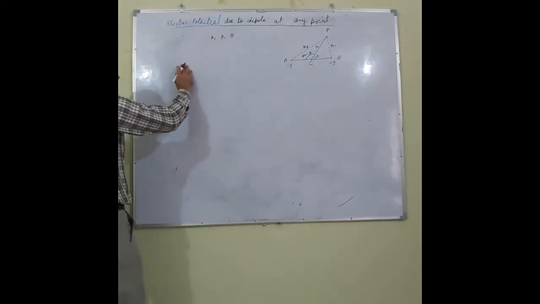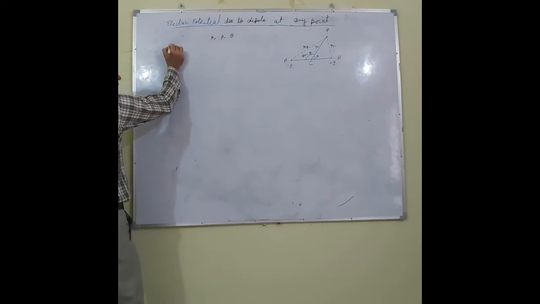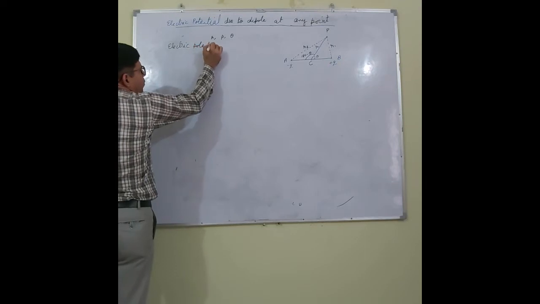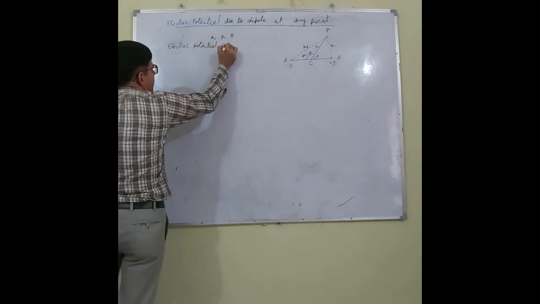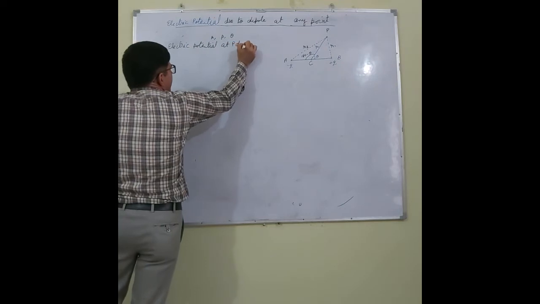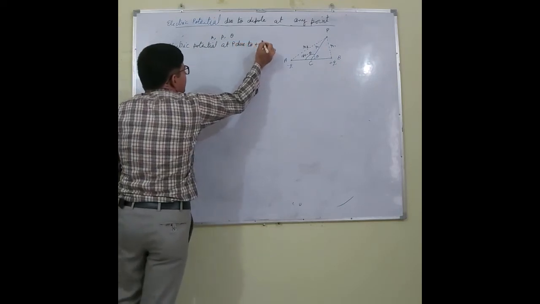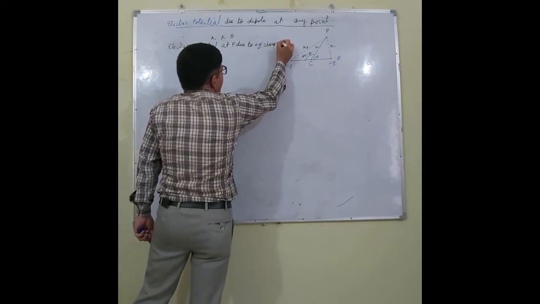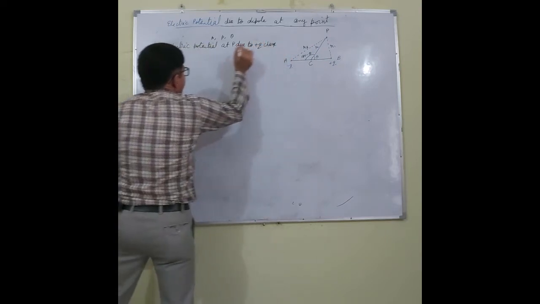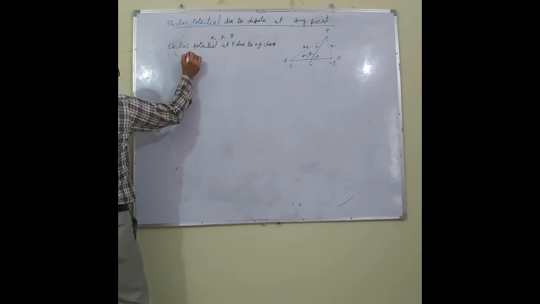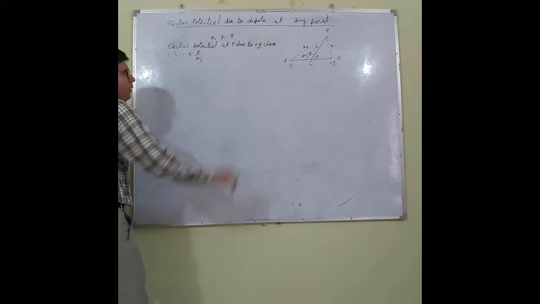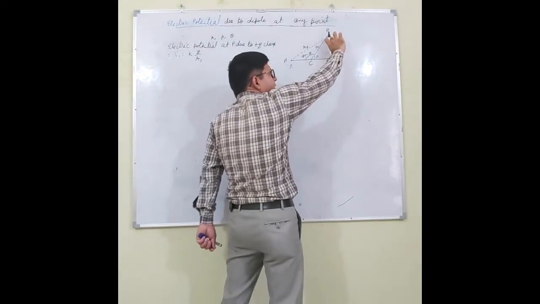Okay, let's calculate. Electric potential at P due to plus Q charge, how much will it be? Let us say V1 equals K Q by R1, because this distance is R1 and Q is the charge.